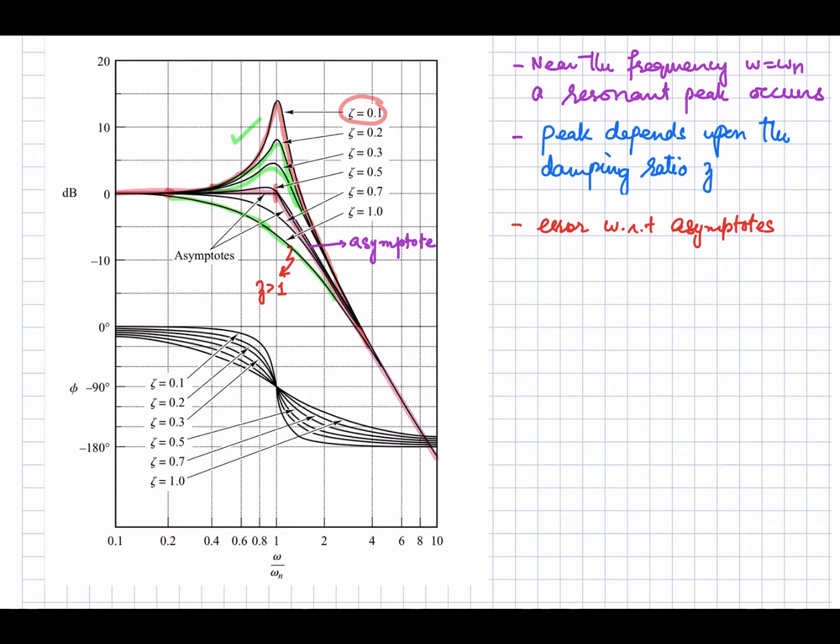Now if I talk in terms of the asymptotes, this is the low frequency asymptote, a line of 0 dB, and at the natural frequency or the corner frequency, from here onward, this asymptote will be represented by this line, that is the line having a slope of minus 40 dB per decade, because there are two poles.